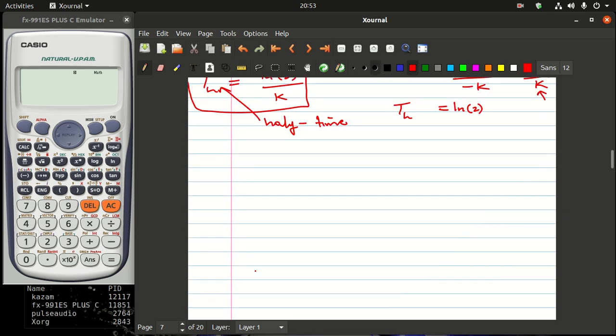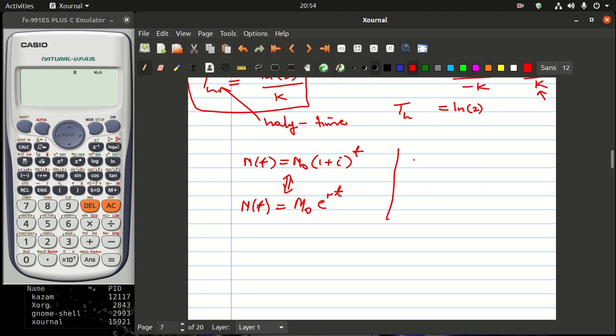And now we have the half-life, and just collecting things, we still have N of t is equal to N naught times 1 plus i raised to t, and we said that this can also be written as N of t is equal to N0 e to the power rt, where r is the growth rate.